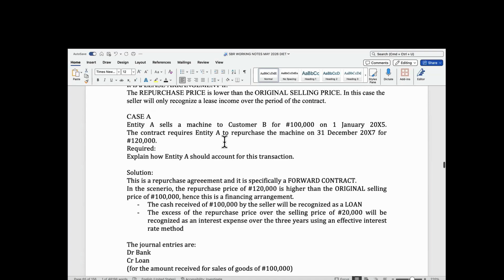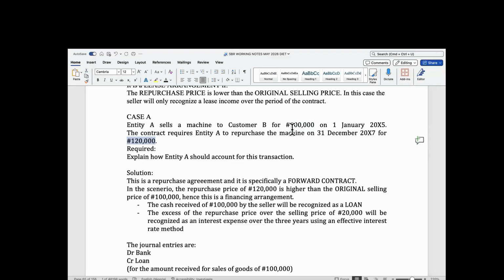The first scenario, I looked at a scenario where the contract requires entity A to repurchase. So it's a forward contract because it has to repurchase. And in this case, the repurchase price is higher. You see, the repurchase price is 120,000. The original selling price is 100,000.